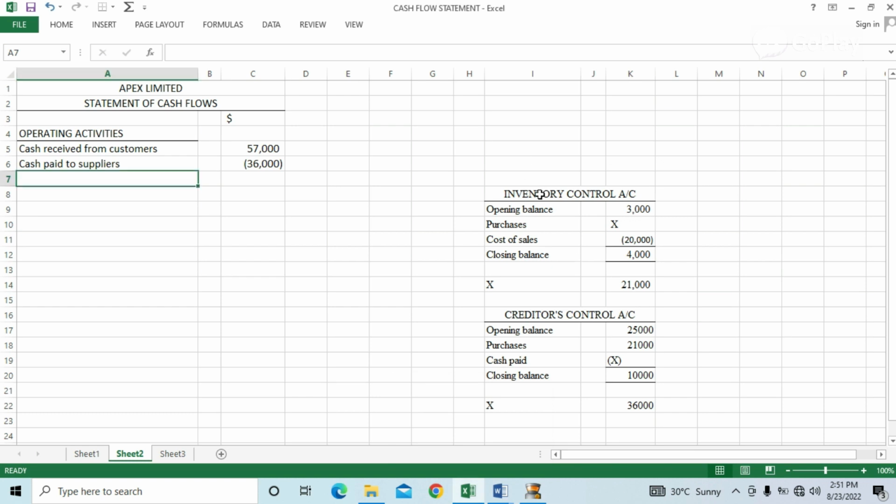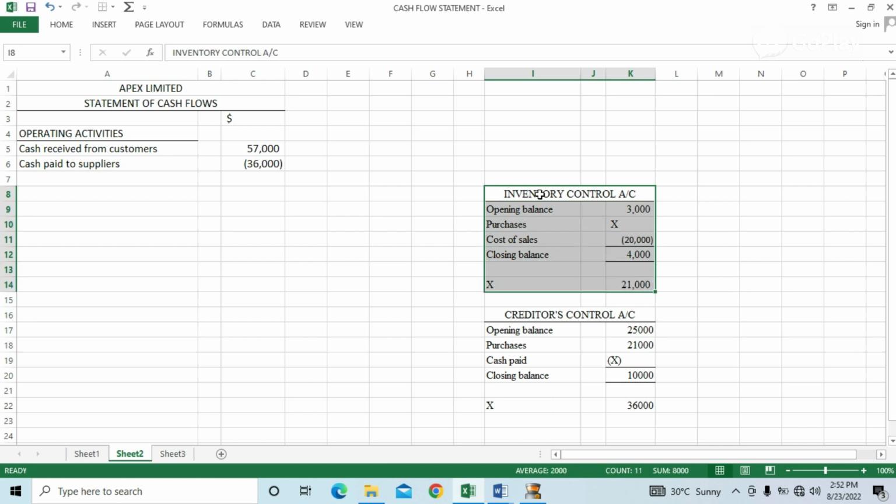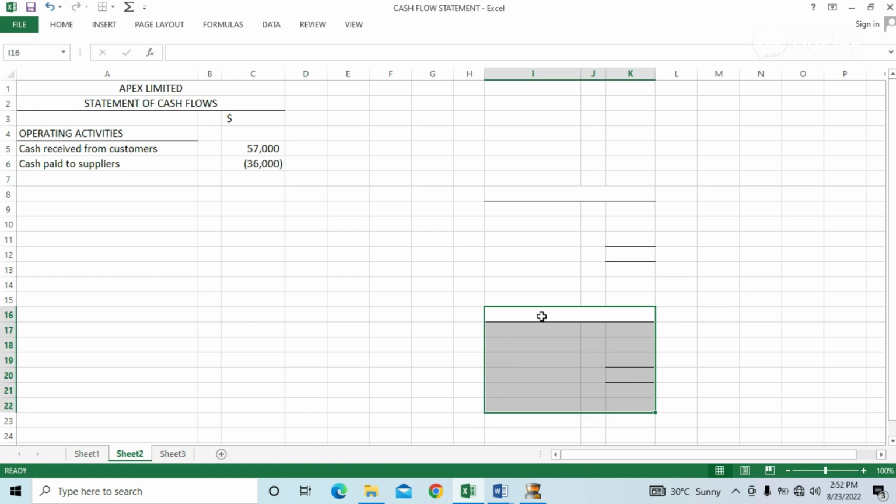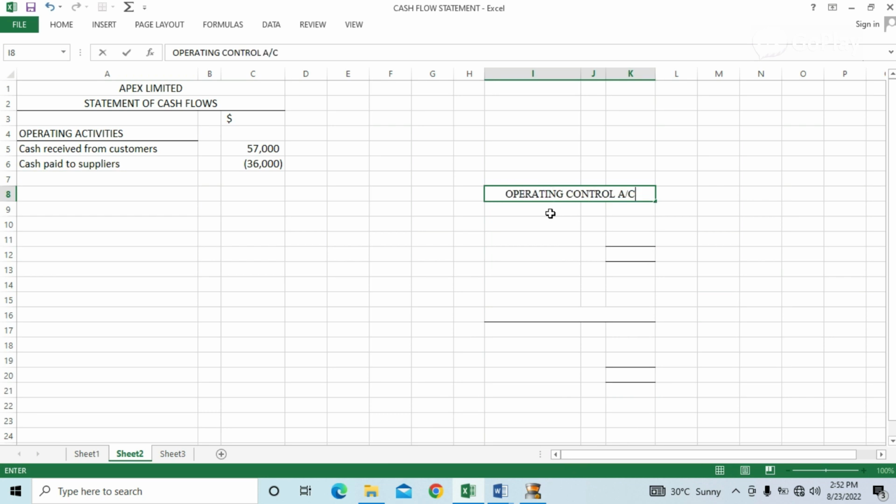I'll come to my control account section. Let me clear this one as well. So we have the pre-operating expenses control account.